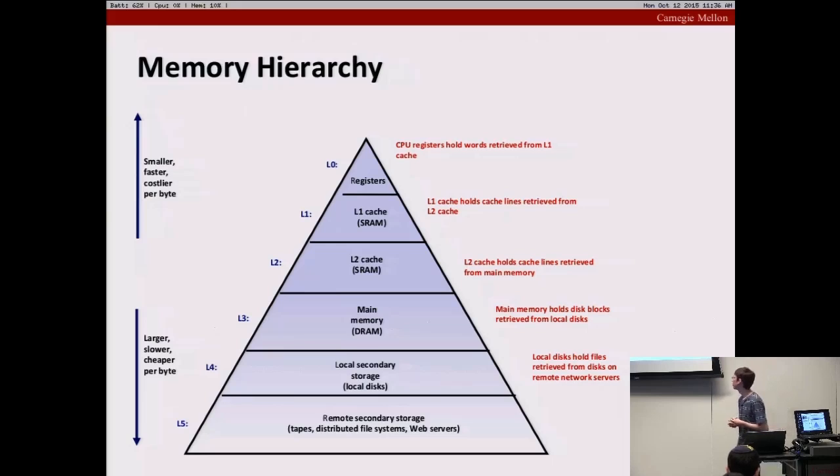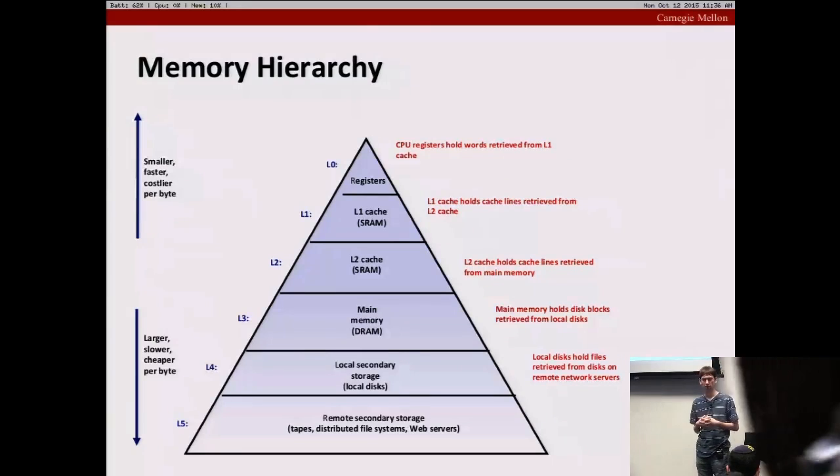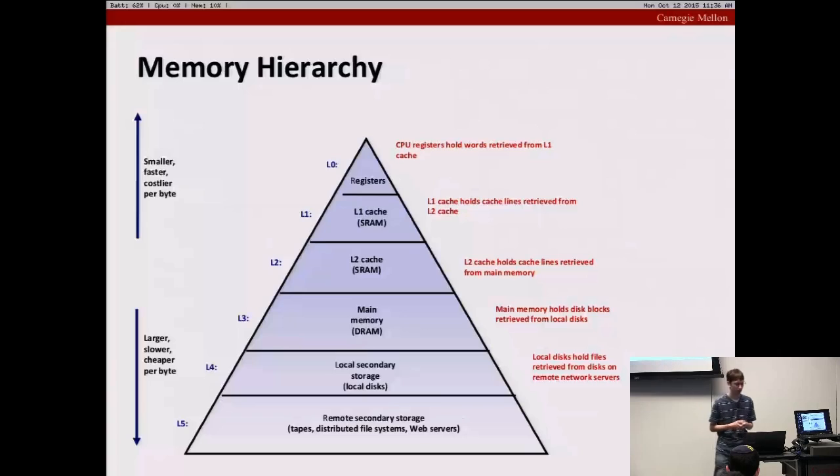The memory on a computer is organized into this hierarchy. We would love to be able to have everything right there for us in our registers, because what a piece of code is actually able to access quickly, which you've seen in attack lab and bomb lab, are these 16 registers, and those are really fast.